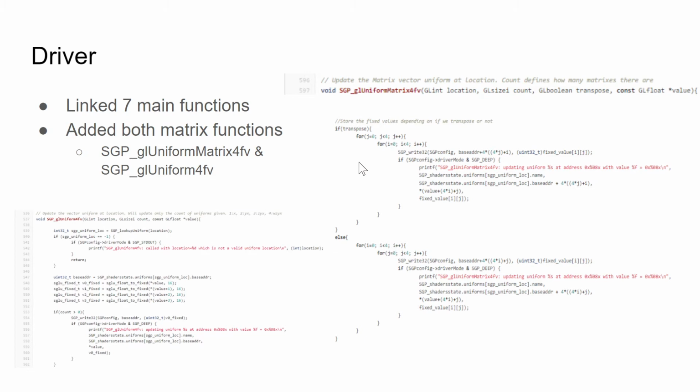So this slide is for driver changes. Linking, I think, was pretty straightforward, and this is my attempt to write these two uniform functions. I jumped in and tried to take care of these driver changes as other things were working, and we didn't get to fully test these, so we are unsure they are fully correctly implemented.